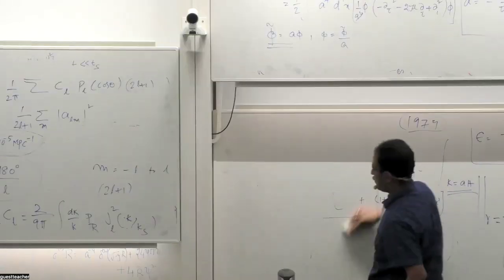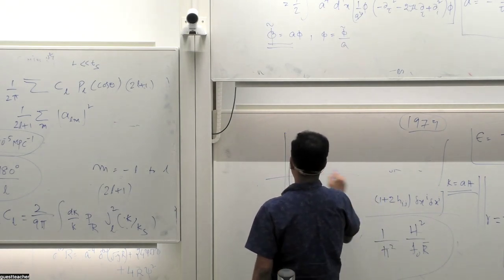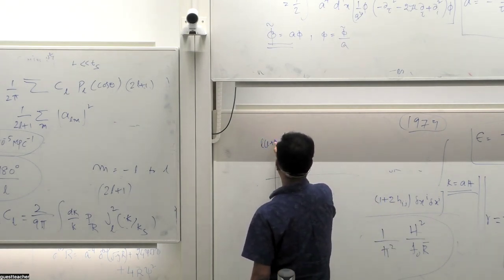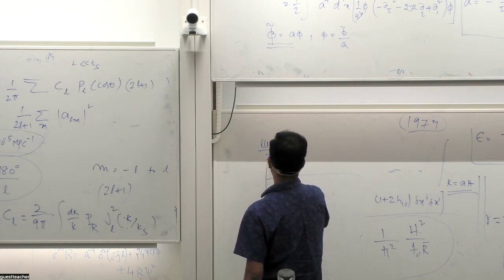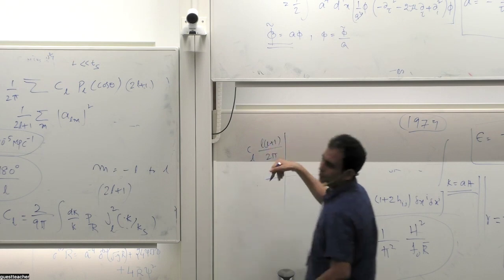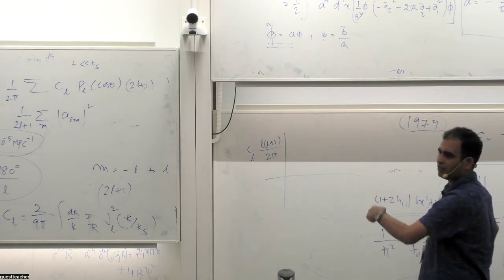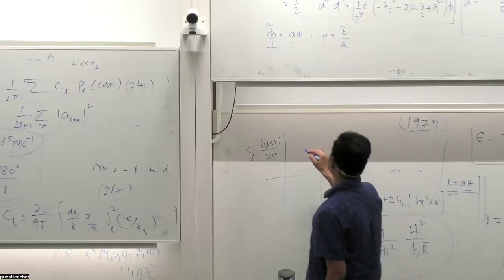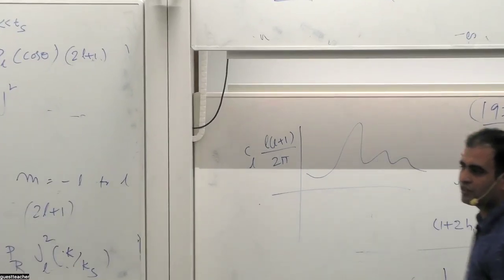If you look at the CMB plots, what you see is a multipole curve. So you have L into L plus 1 divided by 2 pi C_L. Can you see it? No. Perfect. So then you have this multipole curve with some oscillations.